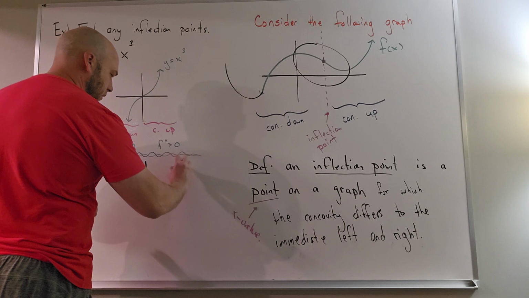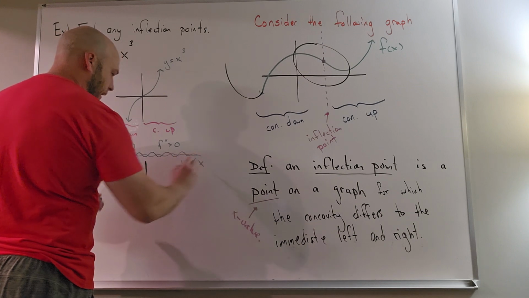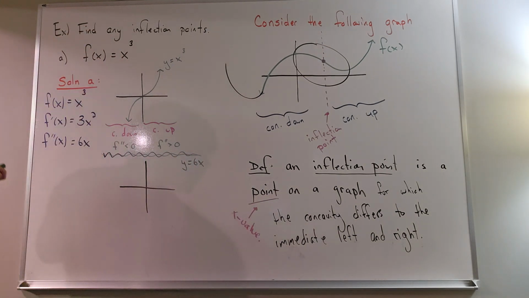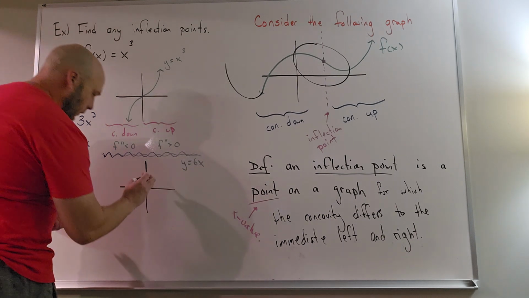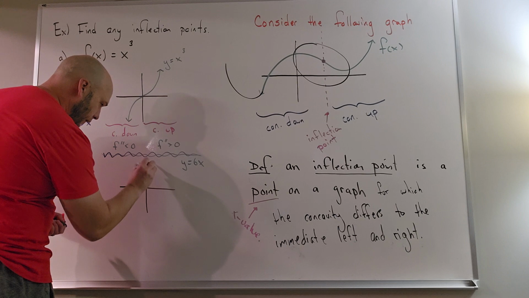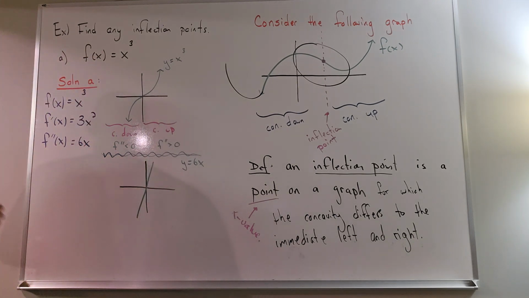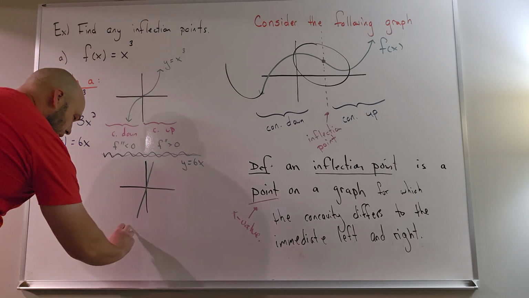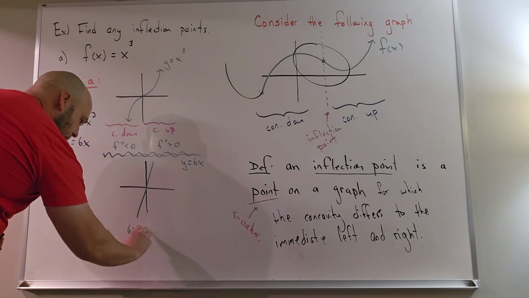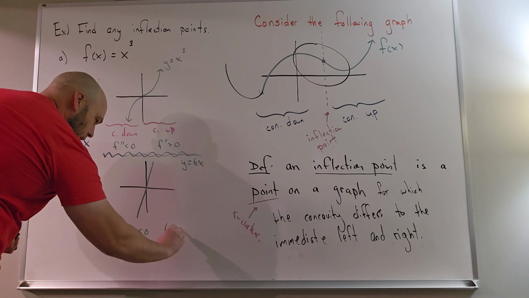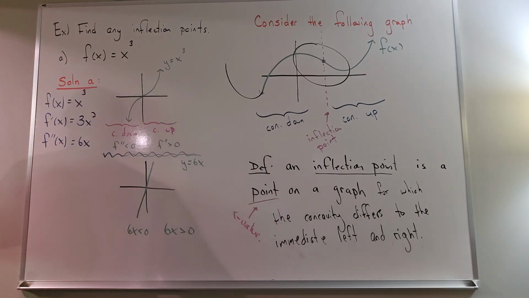In other words, y is equal to 6x. The graph of 6x is going to be a line through the origin with slope 6, so a fairly steep line passing through the origin. And notice here we see that 6x is negative, and here we see that 6x is positive.